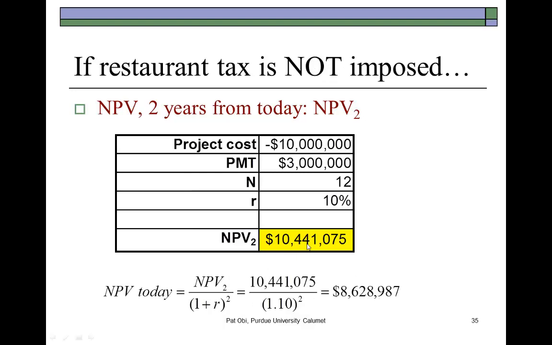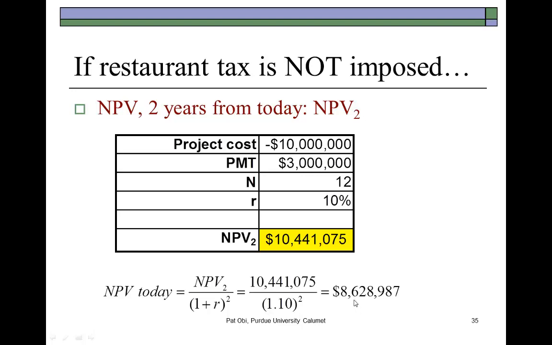Alright, advancing the slide, if tax is not imposed, we find that our projected cash inflows would actually rise to $3 million, which would cause the NPV to be 10.44 million, a huge difference. And in today's dollars, because you got to bring it back again 2 years, would be 8.6 million.